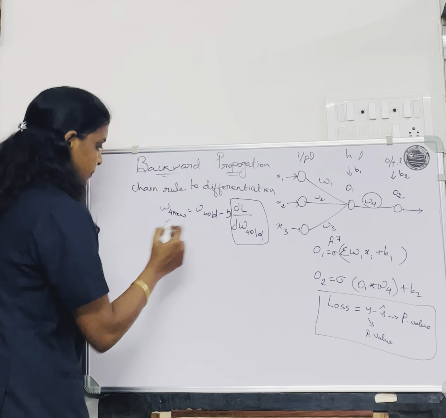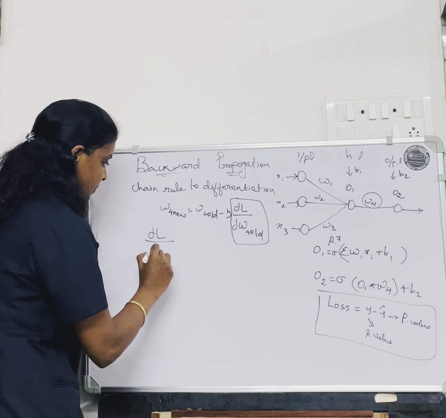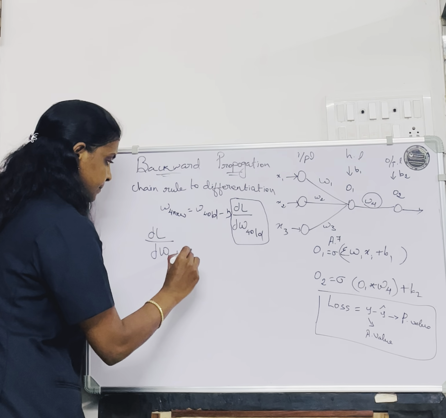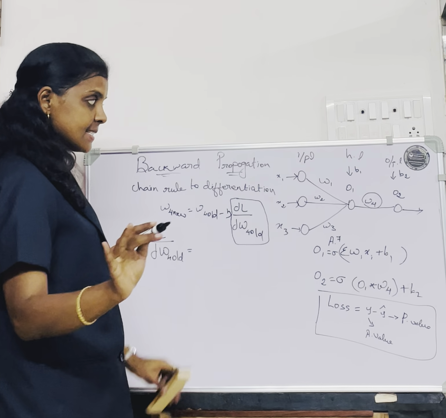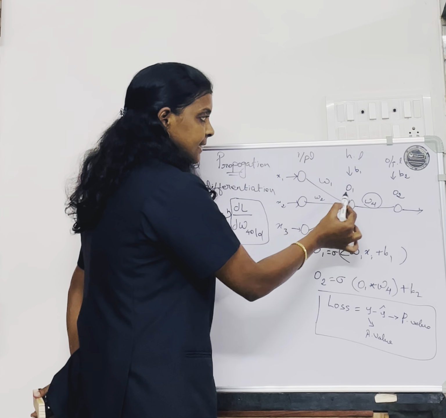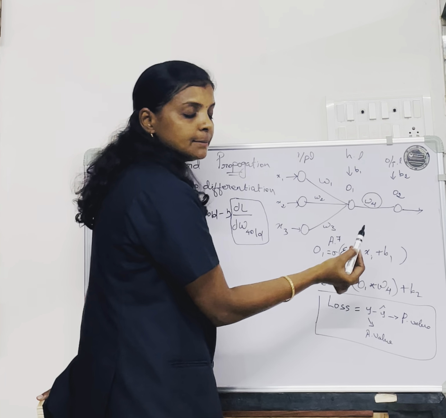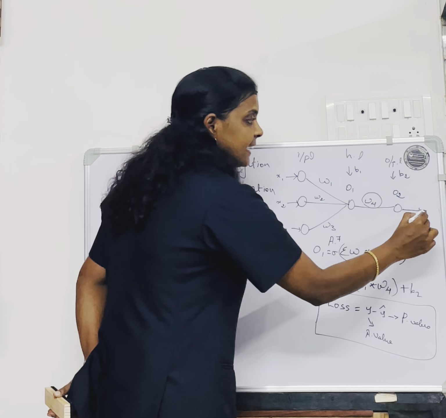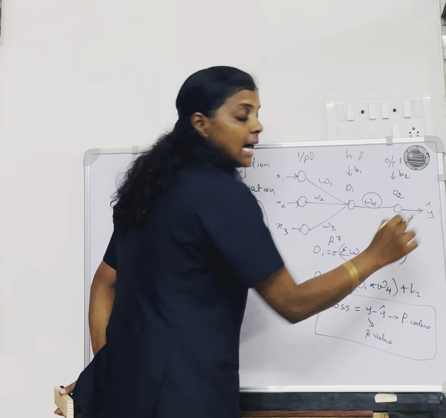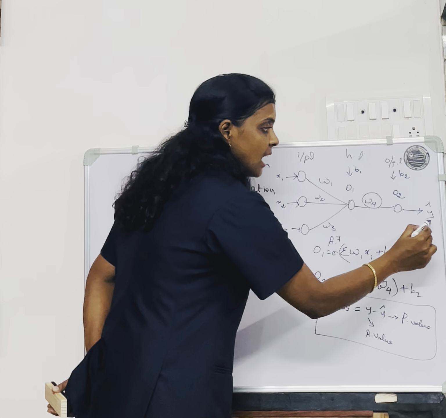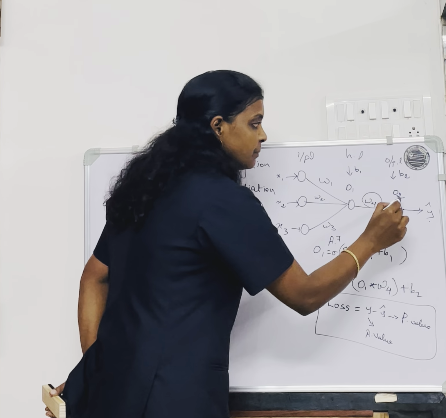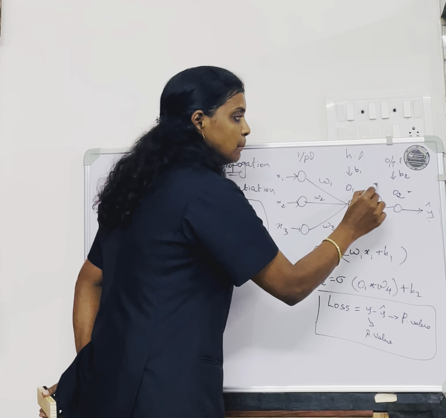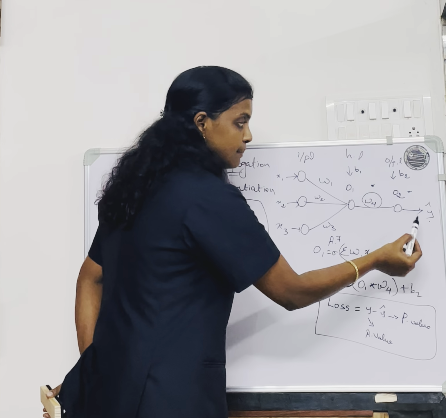Okay, so derivative of loss with respect to W4 old. That means, listen carefully. This is hidden layer output O1. This is output layer output O2. So here we find that loss. So this loss will be based on this O2, then this W4. Okay. First we apply the backward direction.